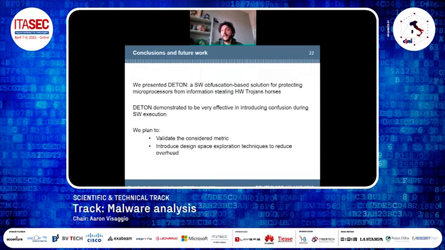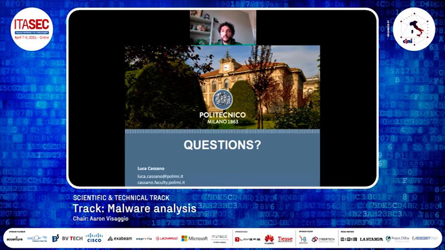So we want to correlate the values of the hit with the ability of the attacker to steal information from the microprocessor. And of course, we want to introduce some kind of design space exploration engine to optimize the execution of the DETON framework. That's all for my presentation.